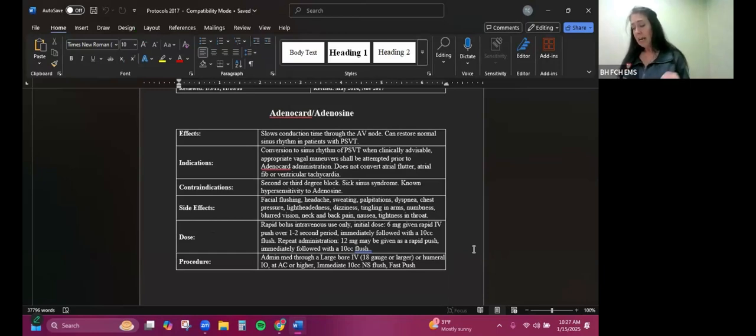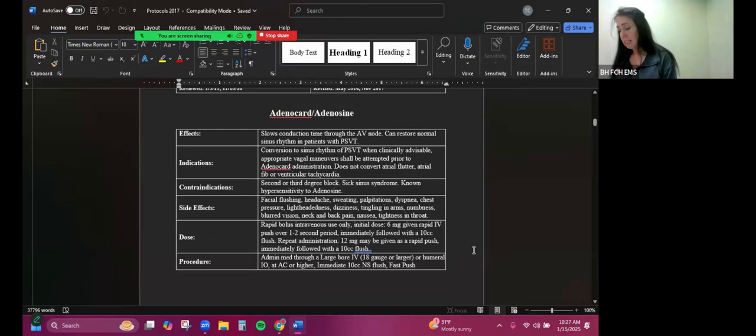Its contraindications are second and third degree block and sick sinus syndrome, and also somebody who is hypersensitive to adenosine. Side effects would be facial flushing, headache, sweating, palpitations, dyspnea, chest pressure, lightheadedness, dizziness, tingling in the arms, numbness, blurred vision, neck and back pain, nausea, and tightening in the throat.